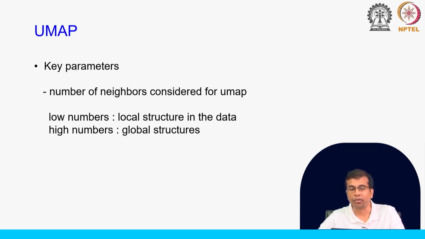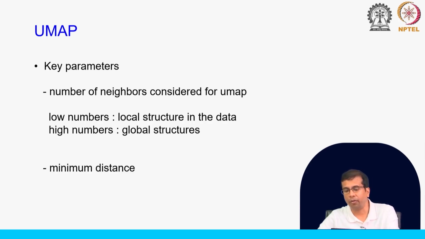The first parameter is the number of neighbors considered for UMAP analysis. The second parameter is something called minimum distance. So, what should be the minimum distance considered for neighboring, so that we consider two data points or samples as neighbors.